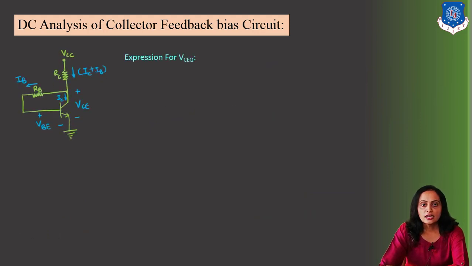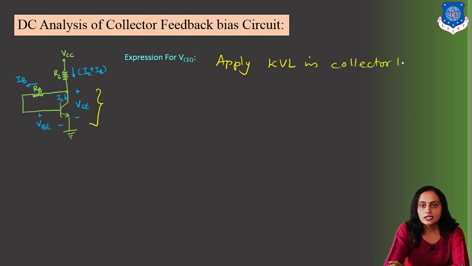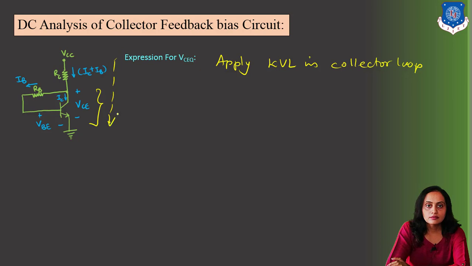Now in the DC analysis, next we will find out the expression for VCEQ, that is the voltage across the collector and emitter terminal, and for that we will apply KVL in the collector loop. This is the collector loop, and I am drawing it again for reference.